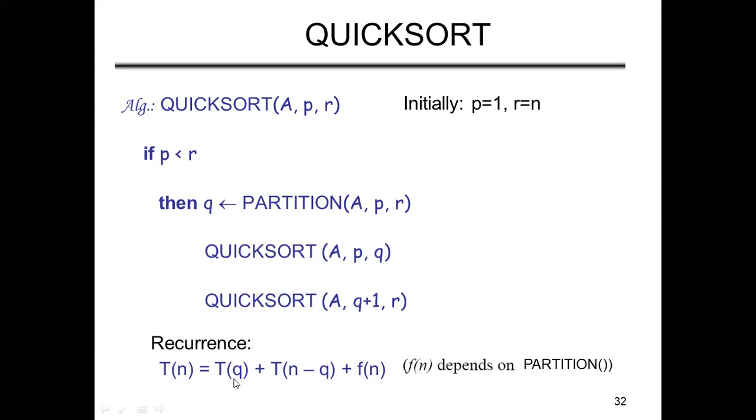That means we take some number of elements in the first subarray and n minus q elements in the second subarray, and f(n) depends on the partitioning. We apply the partitioning procedure initially. So what is the partitioning complexity? To partition the given array, the complexity is the function f(n).